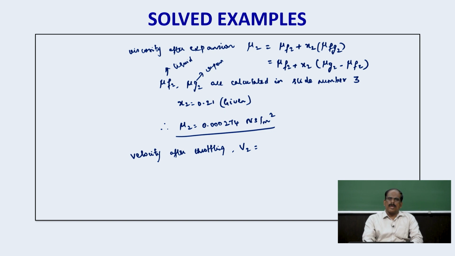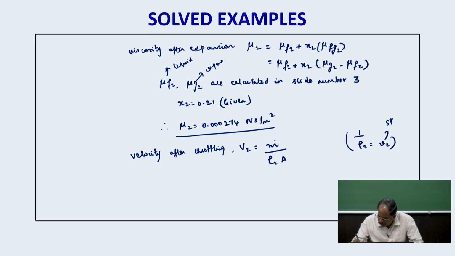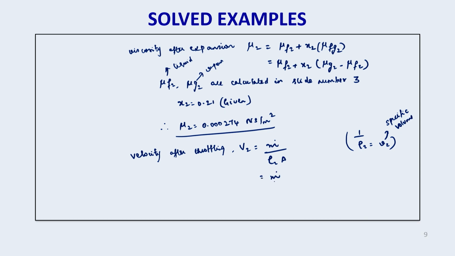m dot is equal to rho AV. So V equal to m dot by rho 2 into A. Rho 2 is nothing but 1 by small V2, that is specific volume. So this can be written as m dot by A multiplied by small V2.